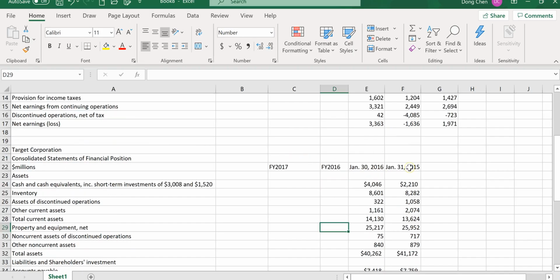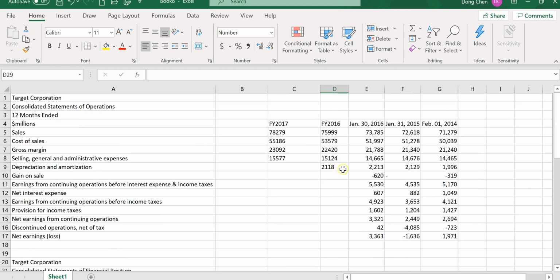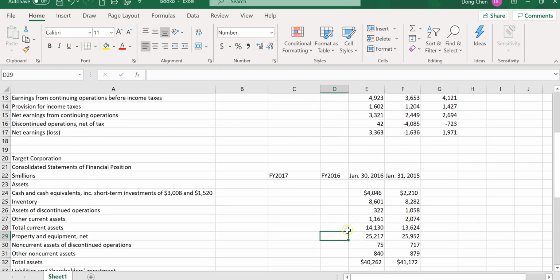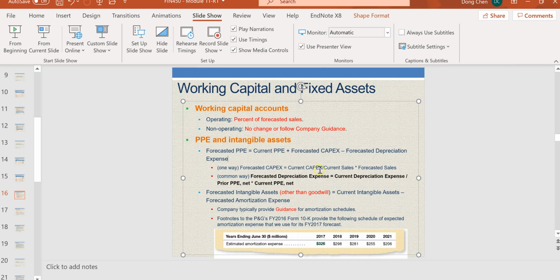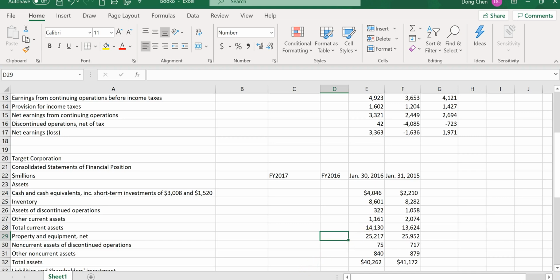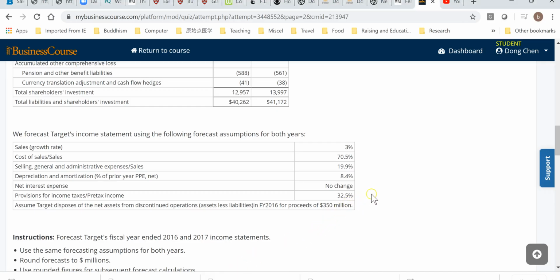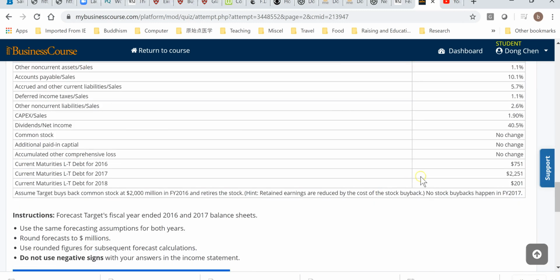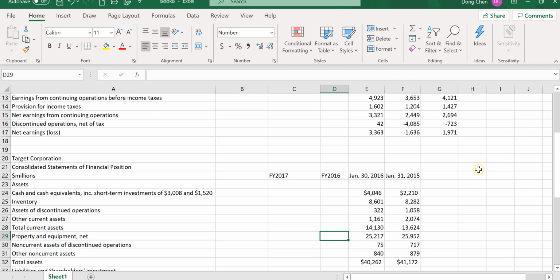We have already figured out the forecasted depreciation expense for fiscal year 2016 here. So to figure out this net PPE, we just need to figure out the forecasted capital expenditure. That will be determined by this assumption here, because capital expenditure divided by sales will be 1.90%. So with that, we can use the formula.